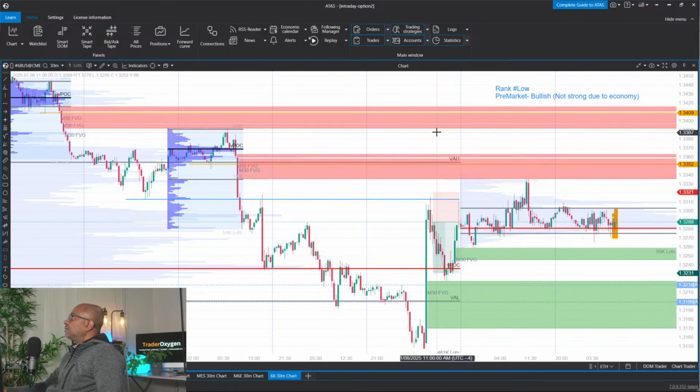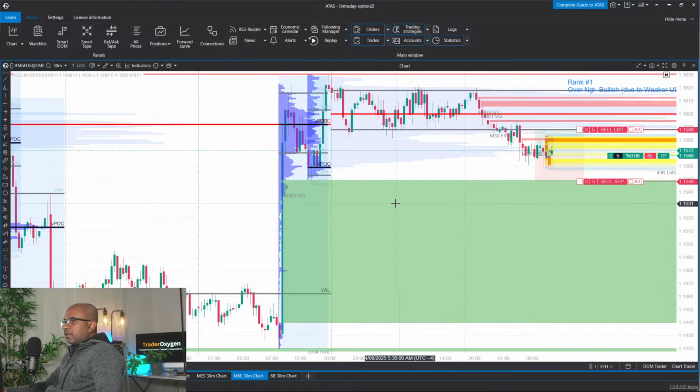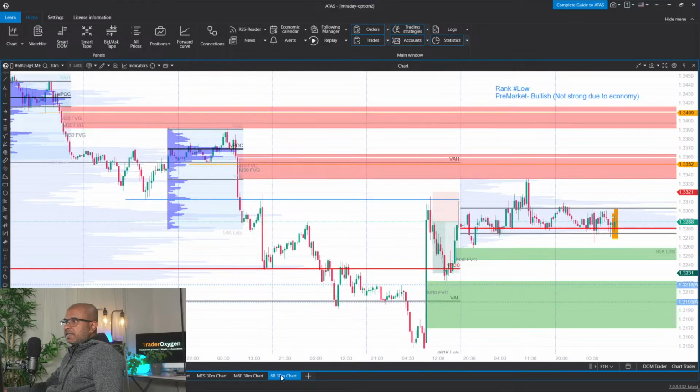However, compared to Euro FX futures, the bullishness in GBP futures is not strong.